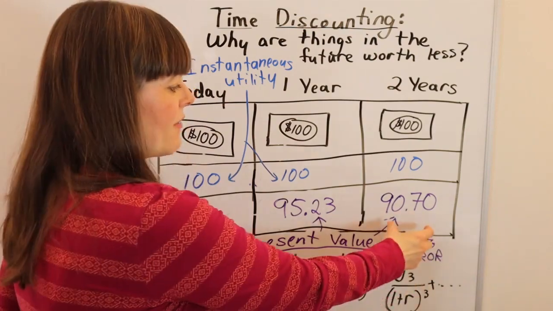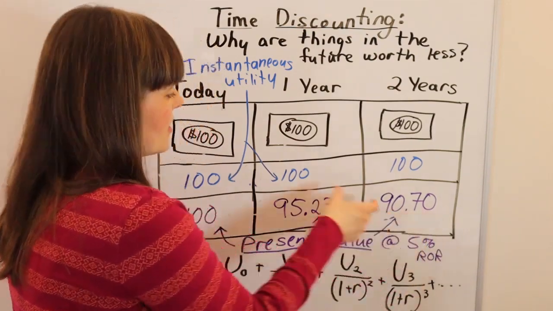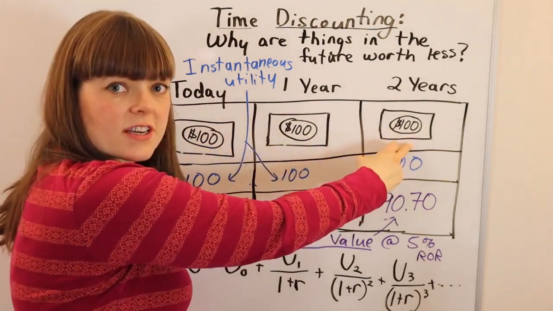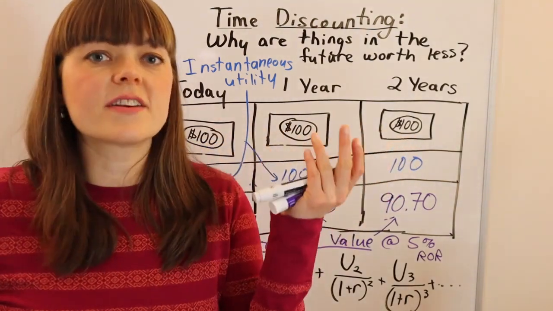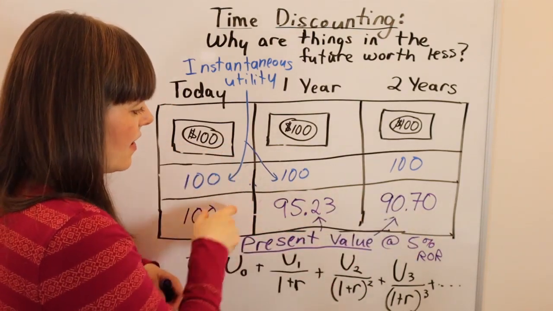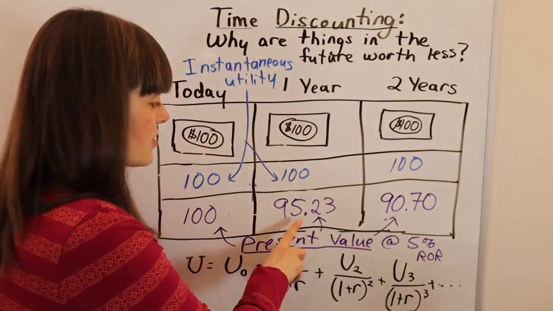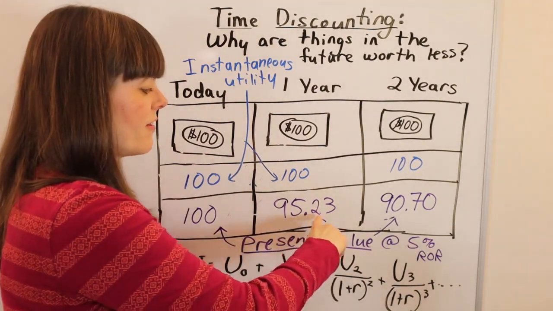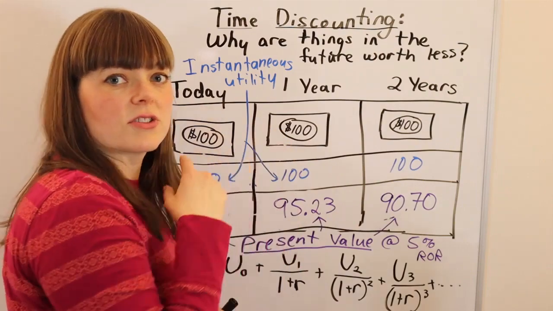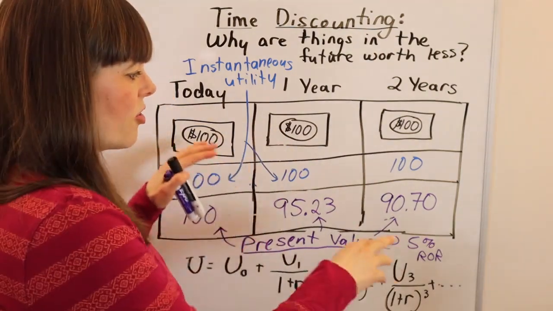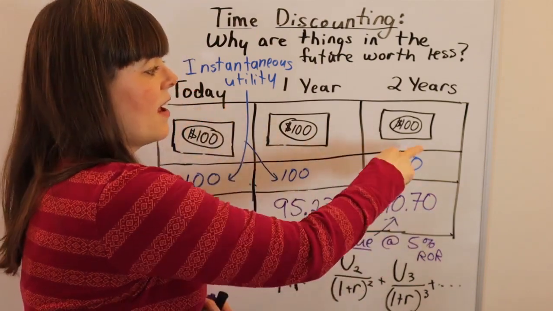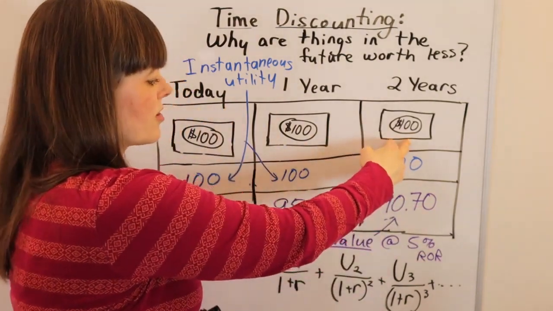If you said you have the option between getting $90.70 today or getting $100 in 2 years, those are the same thing, because you could take that $90.70 today, invest it for a year, that's going to lead to you getting $95.23, invest it for another year, that's going to lead you to get $100. So you're indifferent between getting $90.70 today and getting $100 2 years from now.